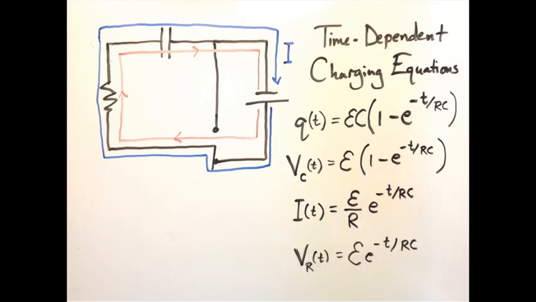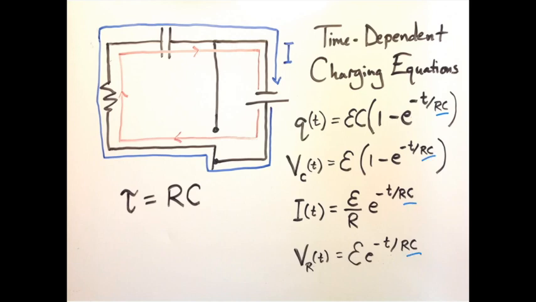Finally, we have the equation for the volts used by the resistor, which is just V equals IR. Multiply the current equation times R, and there you have the volts equation. Now, you'll notice all of the equations have this RC thing in them over and over.